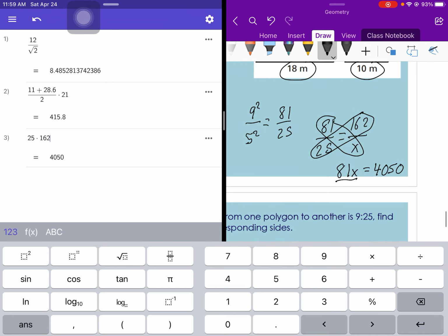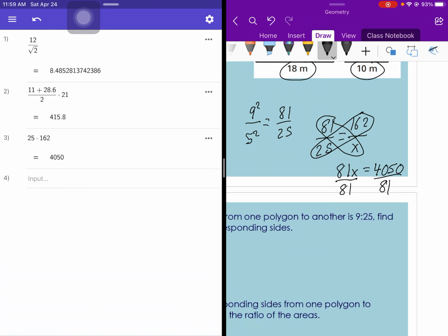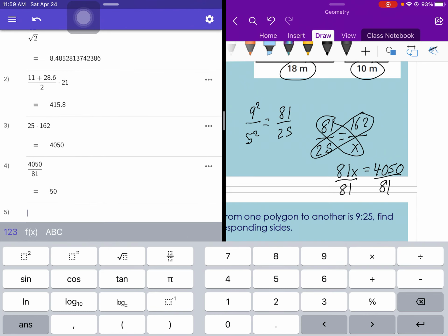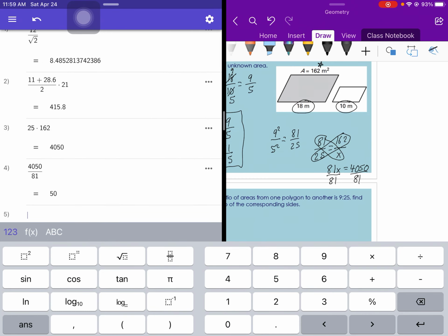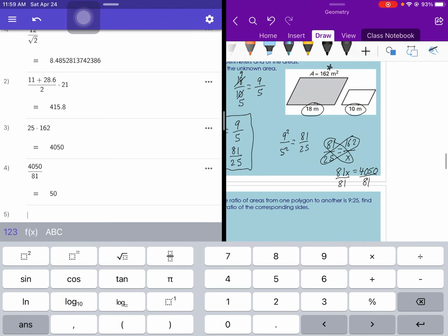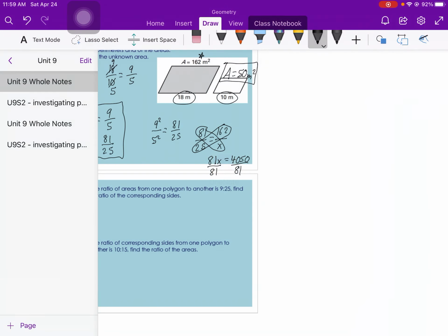Then we have to divide by 81, and we get a nice number of 50. So that means that the area of this one would be 50 meters squared, and that would be our other answer that we wanted to find there.